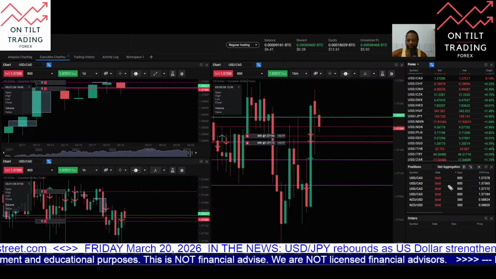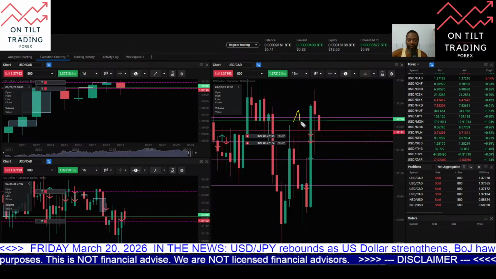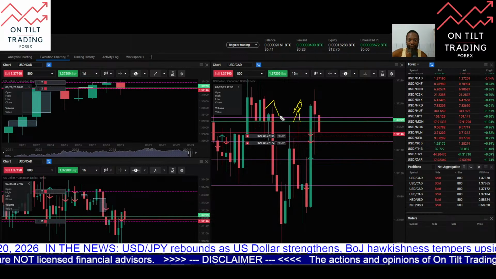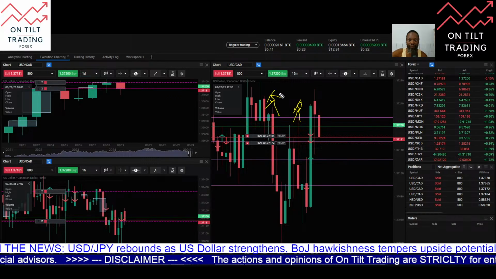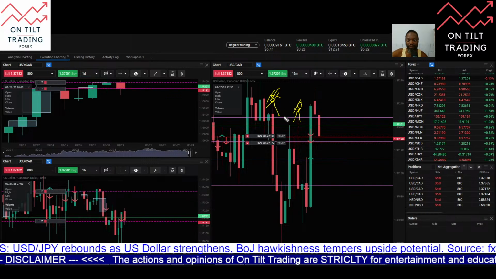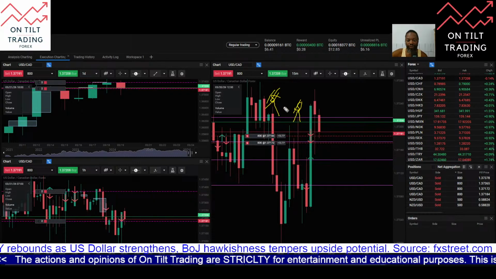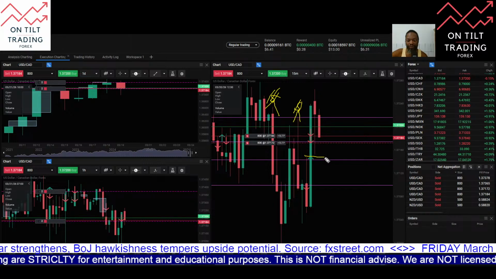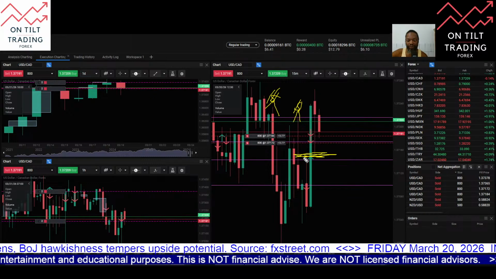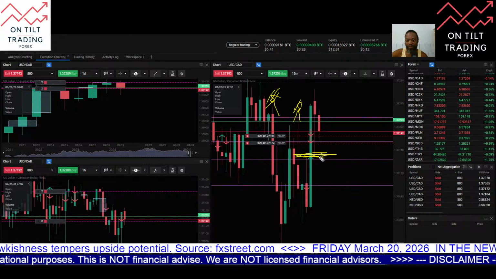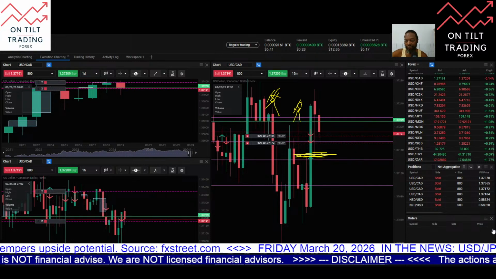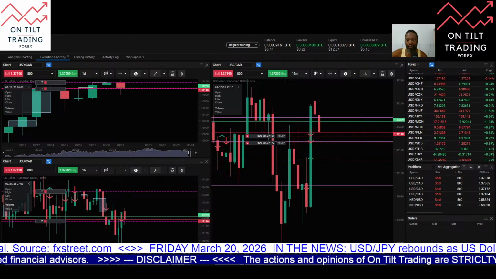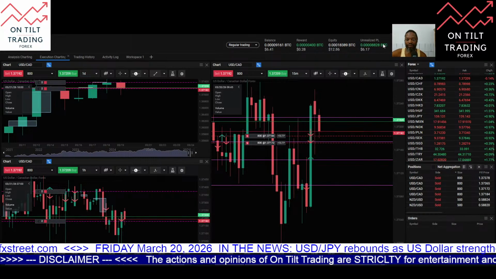Here, buy side liquidity has been taken out here and here, and these are external range liquidity, as these are swing points. So this would be the next area of internal range liquidity. This is where I would anticipate price to return to next, and then we'll see how it responds to that area.